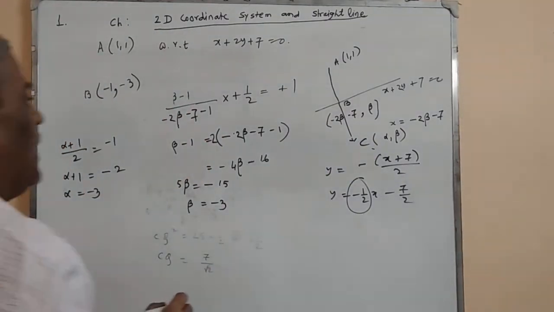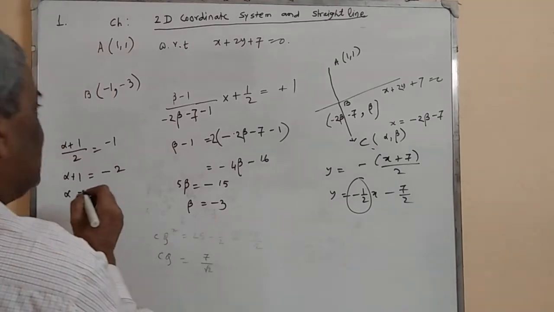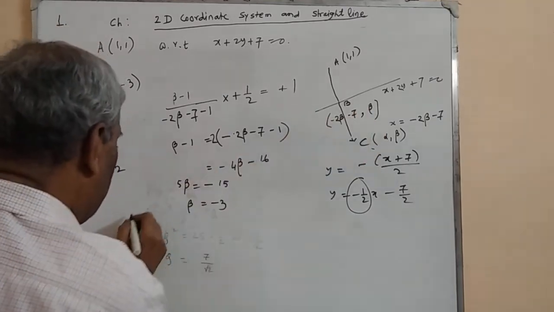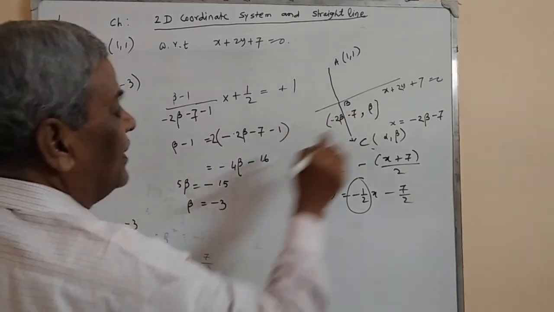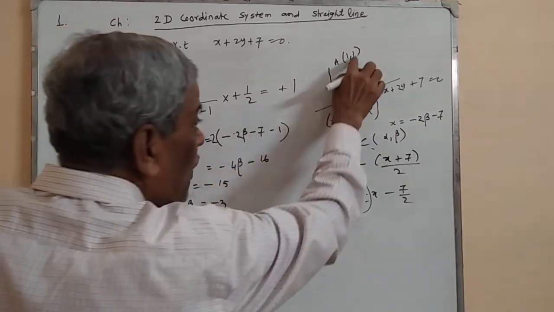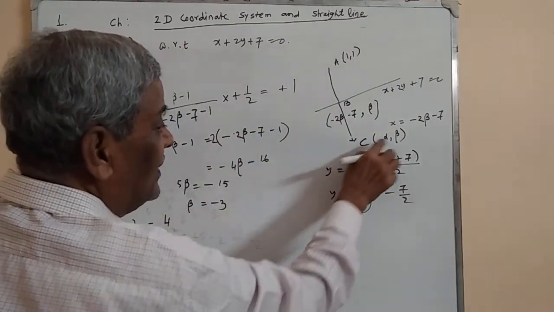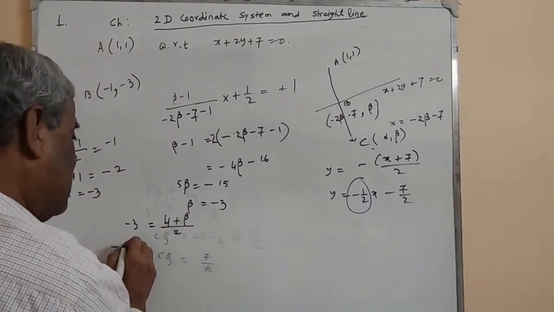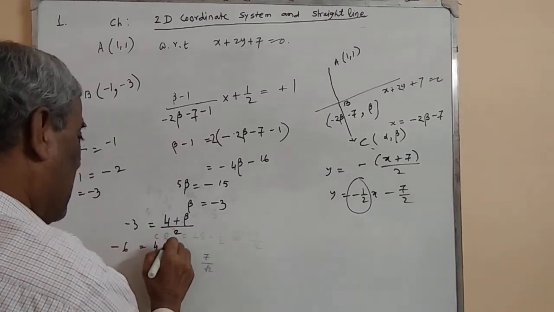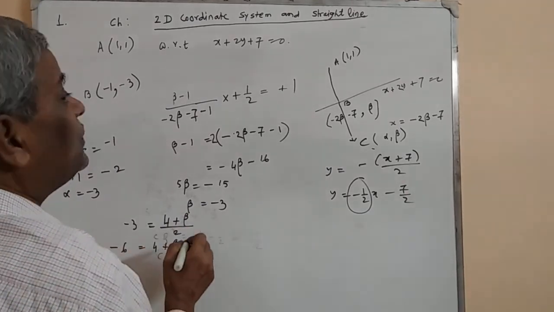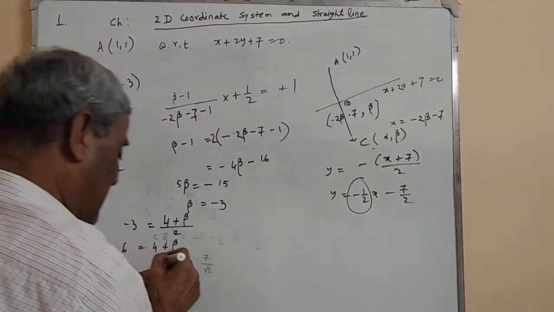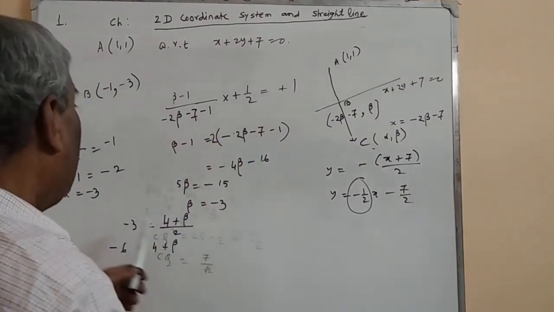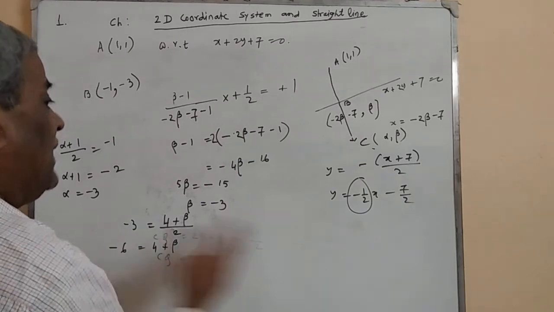Then the y coordinate: B is minus 1, minus 3, so minus 3 is equal to 1 plus beta divided by 2, so minus 6 is equal to 1 plus beta, so beta is equal to minus 7. Oh, these options are not given here. So this way we can calculate alpha is equal to minus 3 and beta you can calculate.